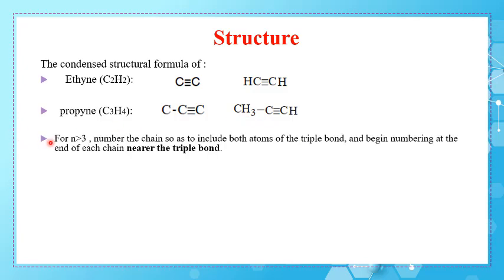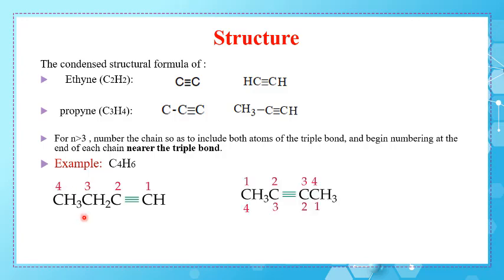For n bigger than 3, number the chain so as to include both atoms of the triple bond, and begin numbering at the end of the chain nearer the triple bond, like the double bond. For example, C4H6. Here we must begin numbering. We must take the chain containing the triple bond, and we begin numbering at the end of the chain near the triple bond.